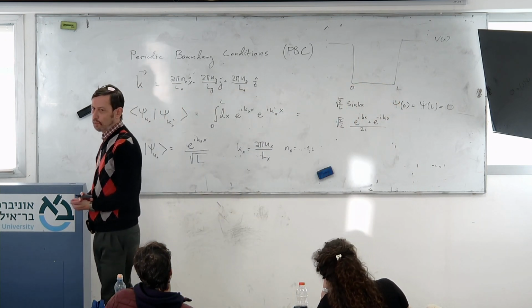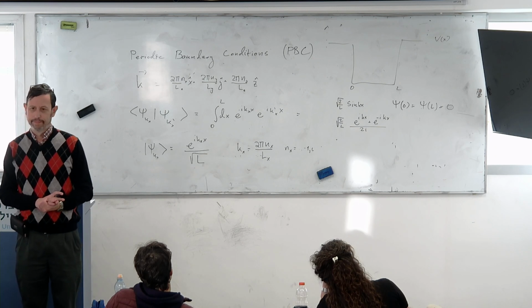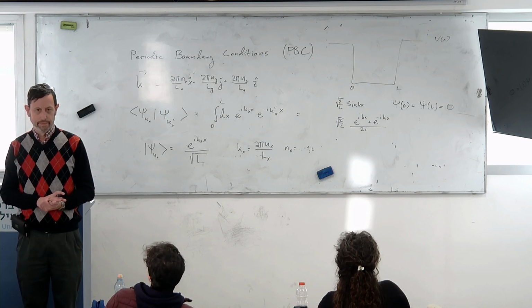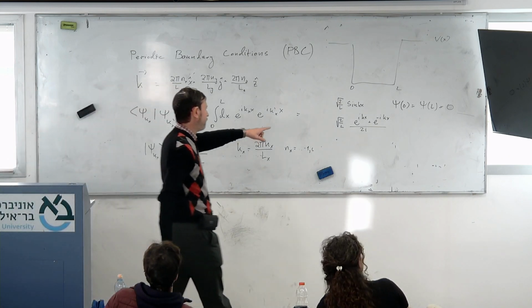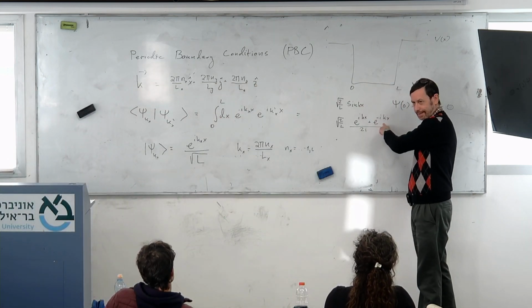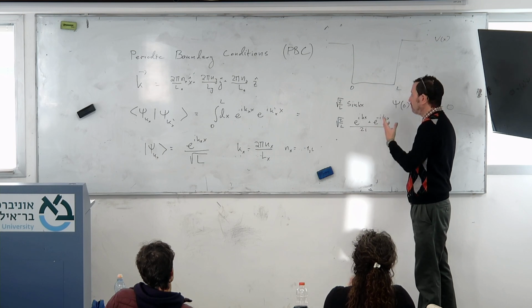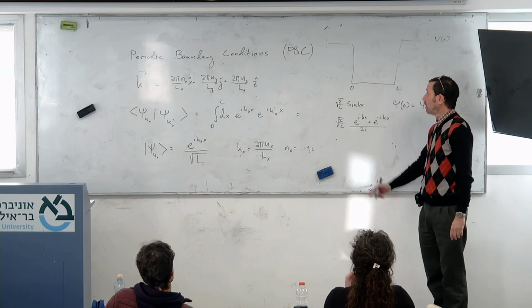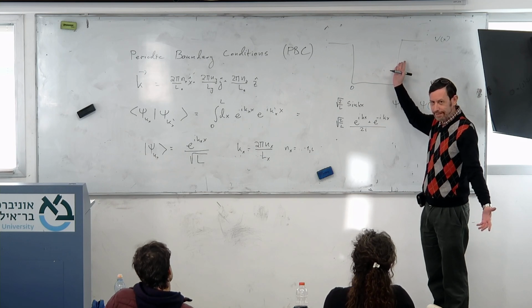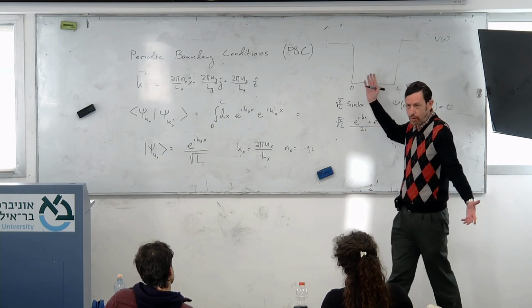What is the average momentum? 0. It must be 0, because I have the same probability of measuring k and minus k. Why is the momentum 0? Because it can't go anywhere. It's stuck in this well. Right? It doesn't go anywhere.